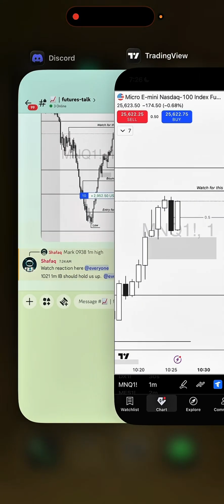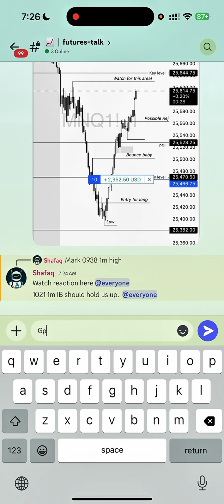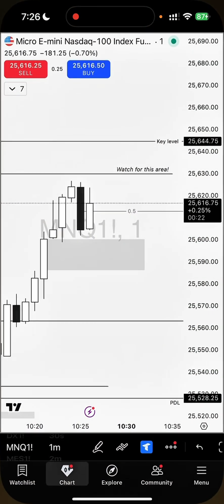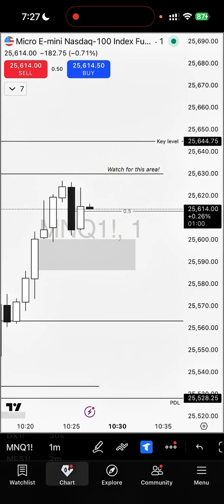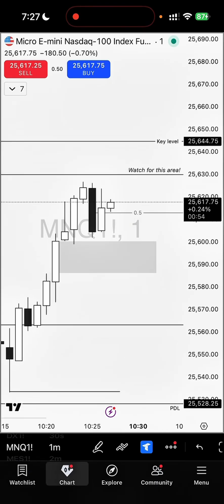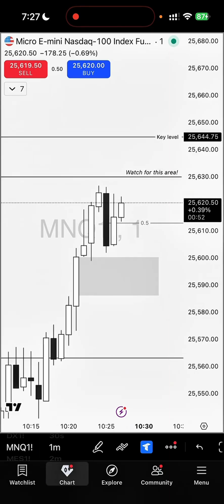Great push. So far the momentum is bullish. As you all can see, we're above 50%.